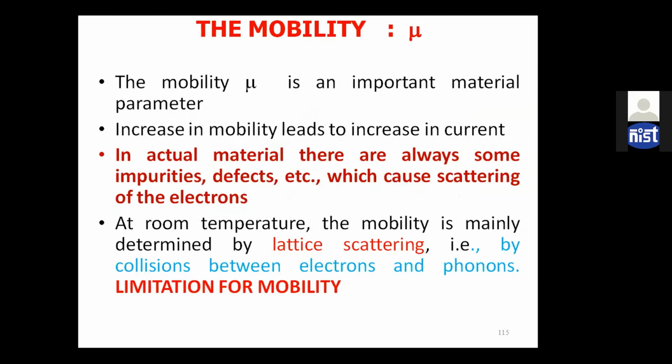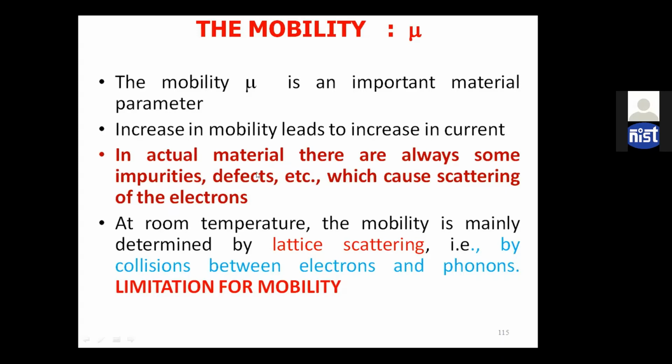As you know, mobility is an important material parameter, because if mobility is higher in a material, that can give rise to higher conductivity, and that also improves the speed of operation of the device. In actual material, there are different types of impurities and defects. These may arise during the growth process, because although we adopt a clean room, we can still get some impurities or defects, and also, to increase the conductivity, we intentionally add impurities.